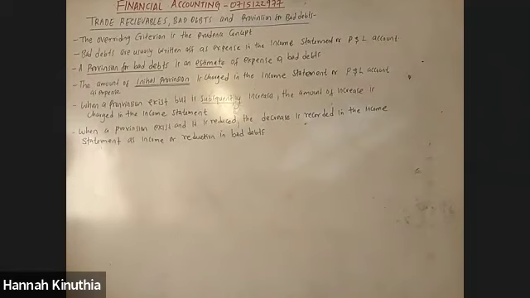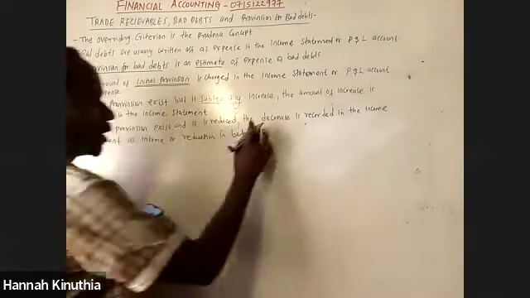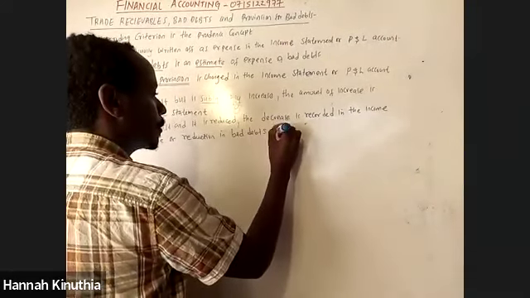So when a provision exists and it is reduced, the decrease is recorded in the income statement as income, or a reduction in the bad debts expense.